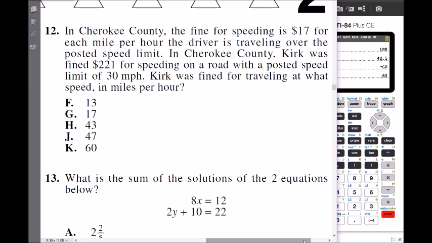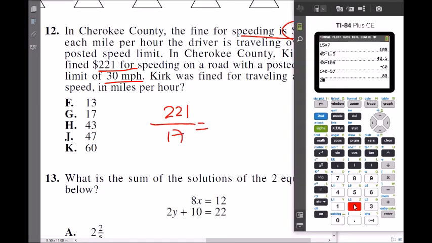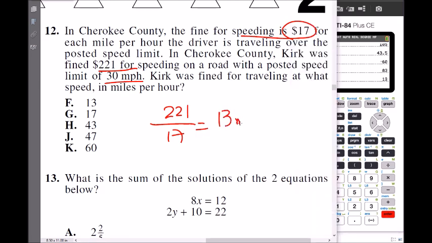In the county, Kirk was fined $221 for speeding on a road with a posted speed limit of 30. So how much did he overspeed? For each mile per hour, he has to pay $17. So if you paid $221, you have to divide by 17. 221 divided by 17 is 13. So 13 miles per hour, right?